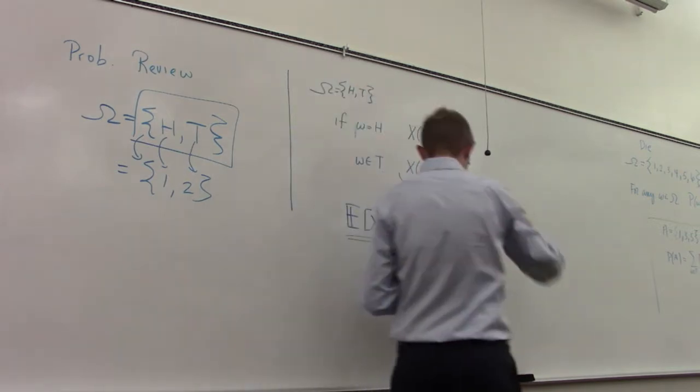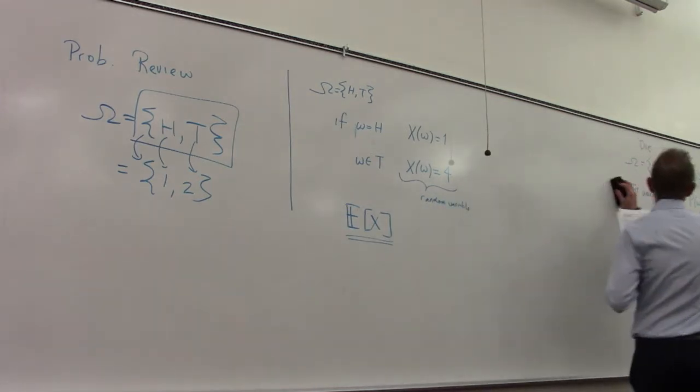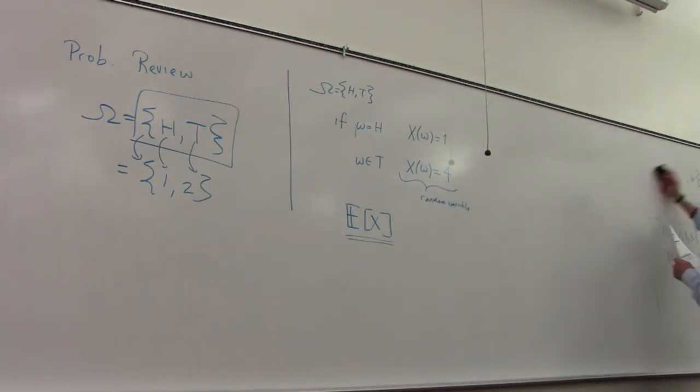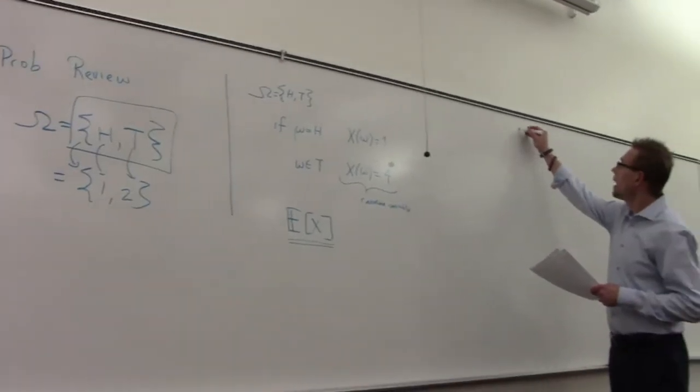Okay, so we talked about probability. We talked about the fact that it's between 0 and 1 for any event. We talked about the fact that the probability of the entire set is 1. We talked about random variables over that. I think the last thing to mention, we talked about A being an event.